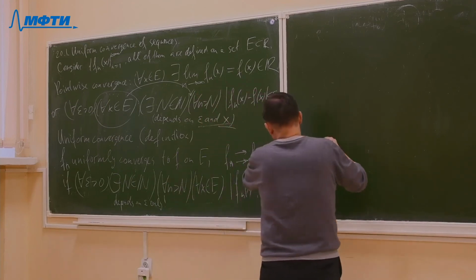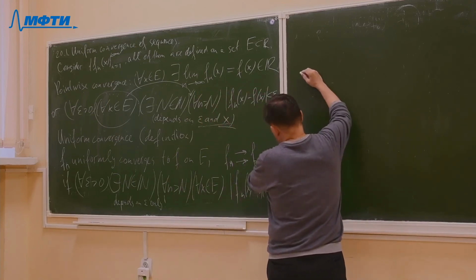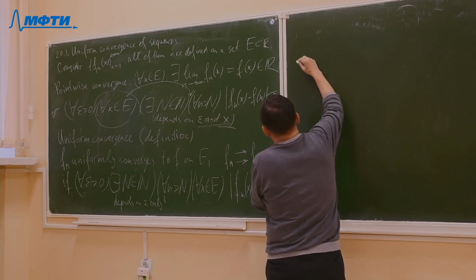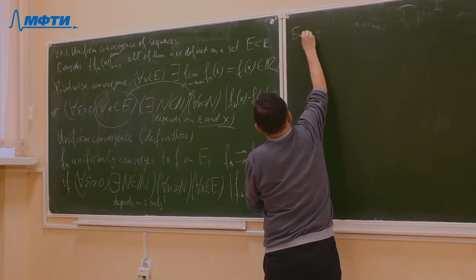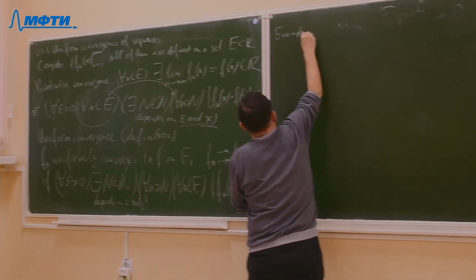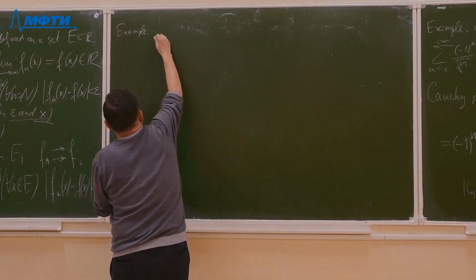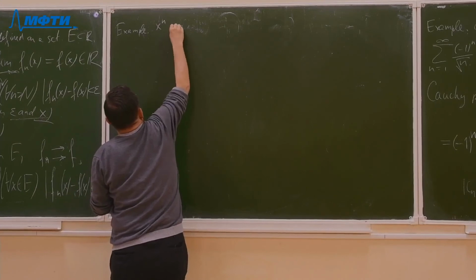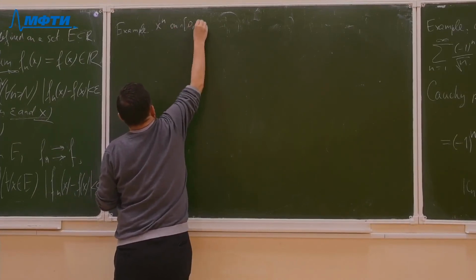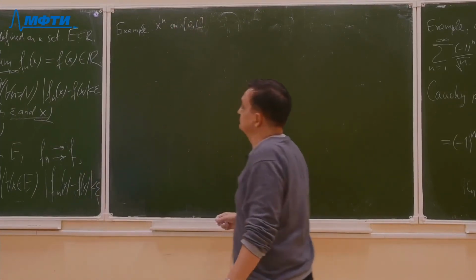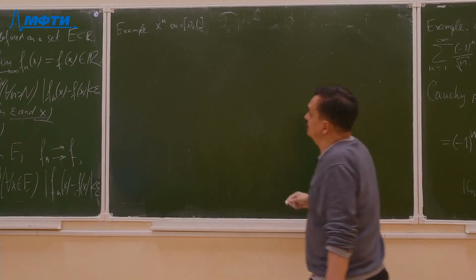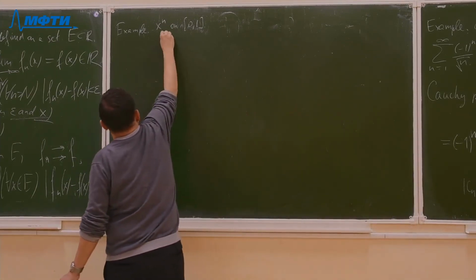Let me consider an example where we have no uniform convergence. Example: x to the power n on [0, 1]. These are fn of x, right?